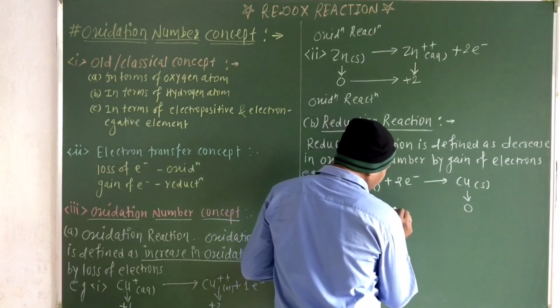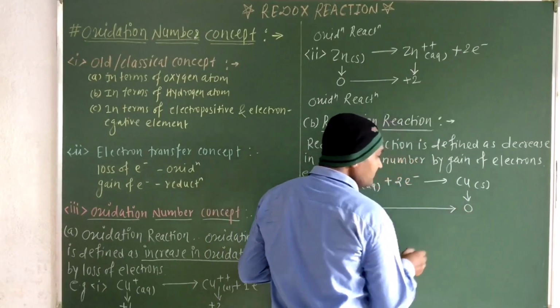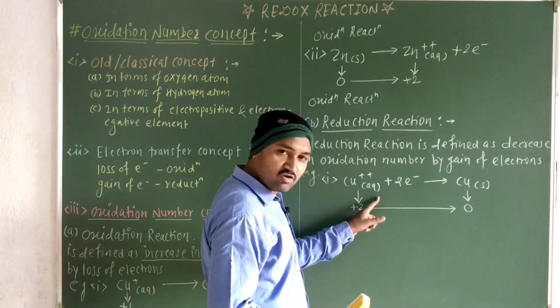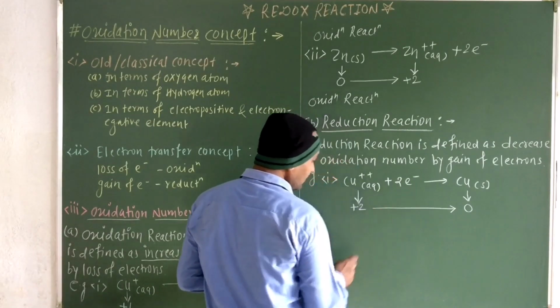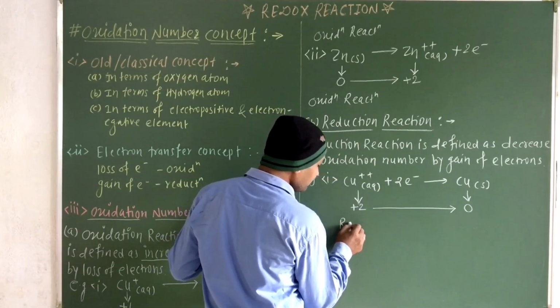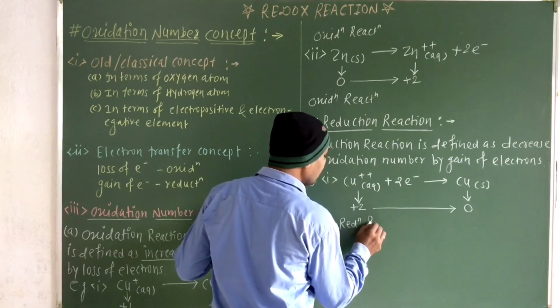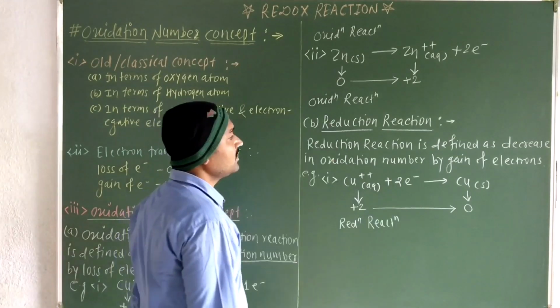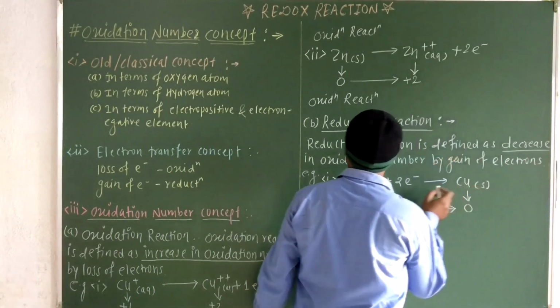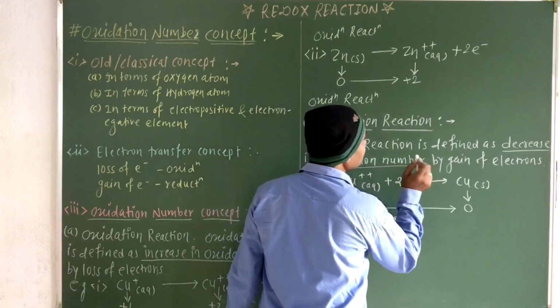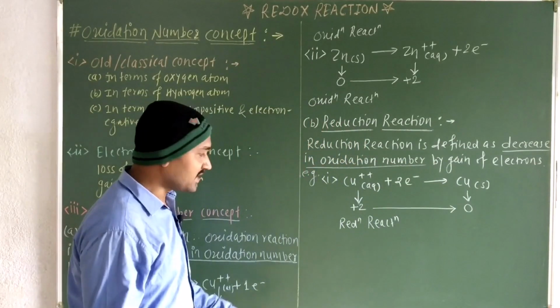So from +2 to 0 there is a decrease in the oxidation number. Remember, hence this reaction will be your reduction reaction. So decrease in the oxidation number is nothing but your reduction reaction.